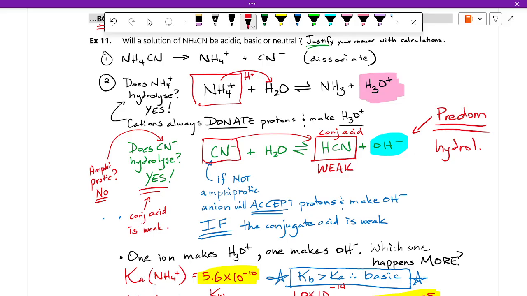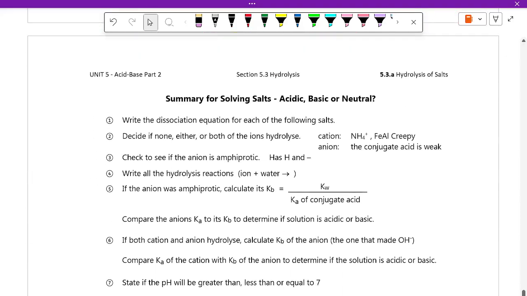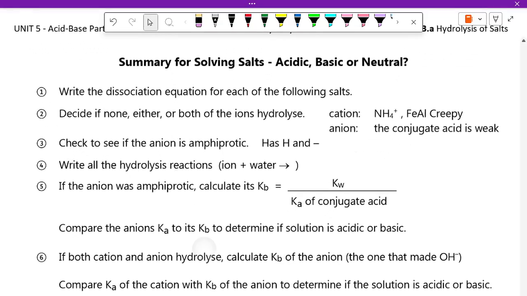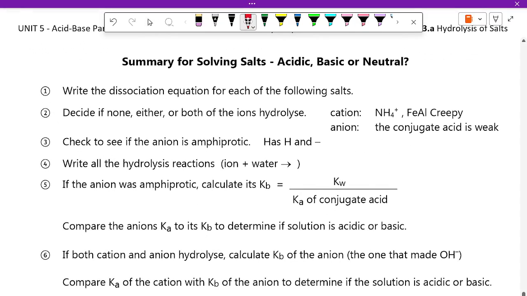How are we feeling? Okay, all right. Here is a summary. This is a summary that you would do if you were doing a written response question. If you're doing a multiple choice, you can cut a lot of corners. So you would want to write the dissociation equation.